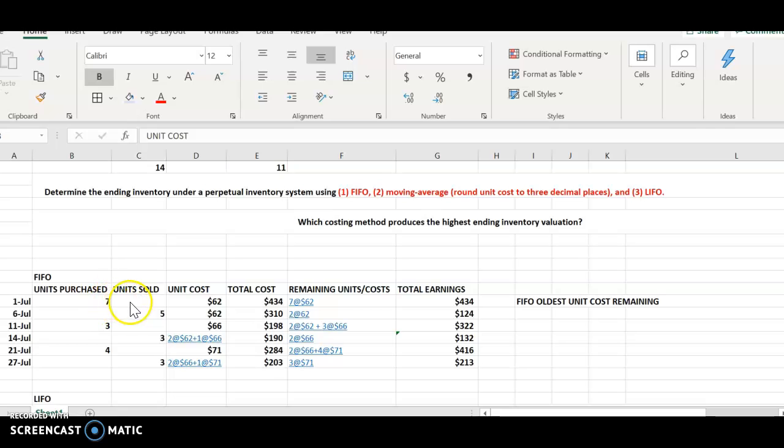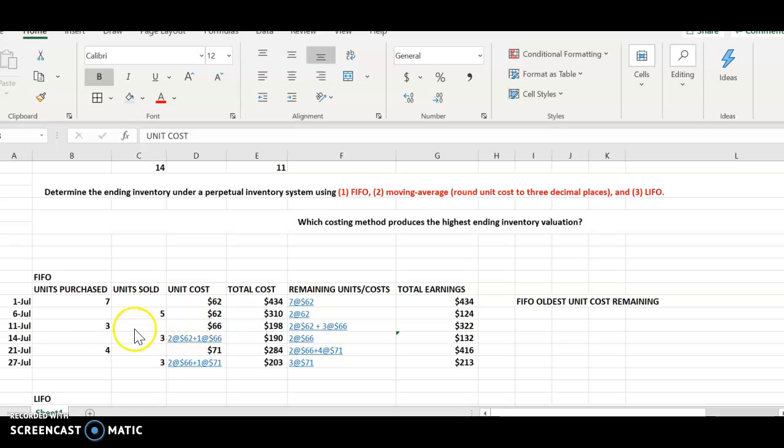Since we sold, we subtract the previous total from the current total, so the total will be 124, a decrease. The remaining units will be 2, because 7 minus 5 is 2, and the oldest unit cost remaining is 62.